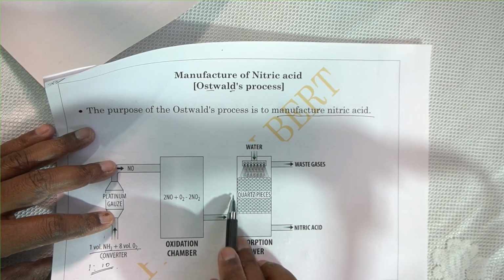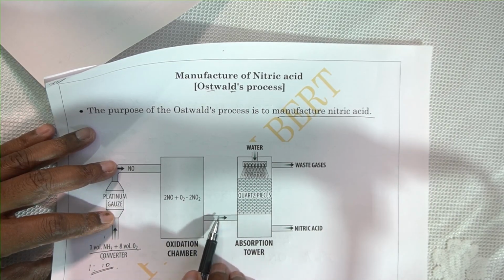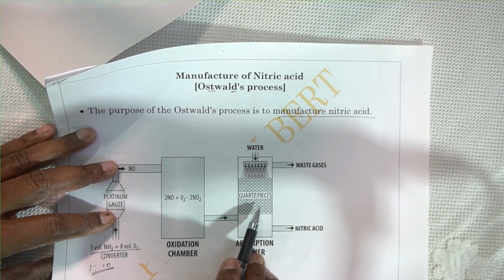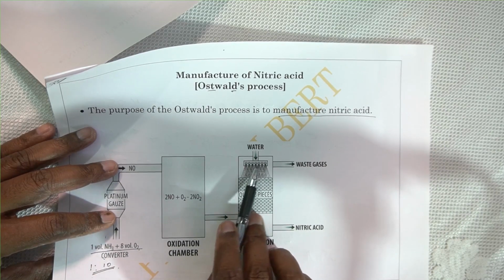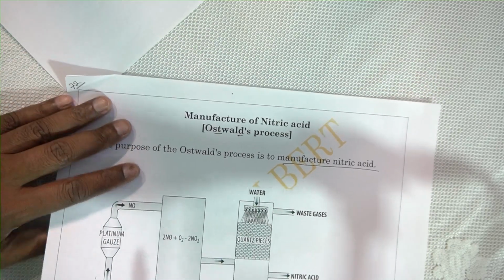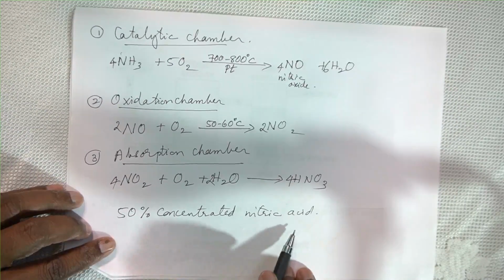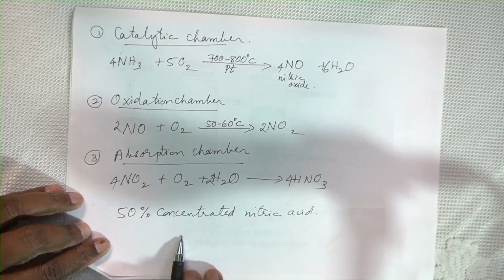In between is a quartz layer. Quartz is fine white sand packed here. The gases move upwards through the gaps between the sand grains and water comes through the gaps, so they definitely encounter each other, and the nitric acid is obtained. So this is the Ostwald process of obtaining nitric acid. We get 50% concentrated nitric acid in this method.